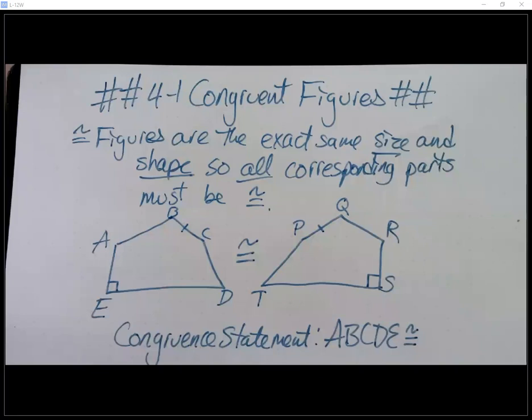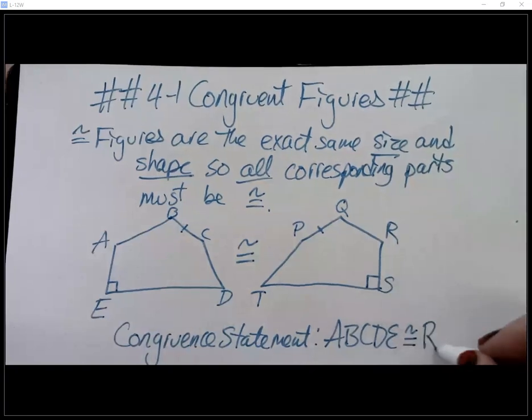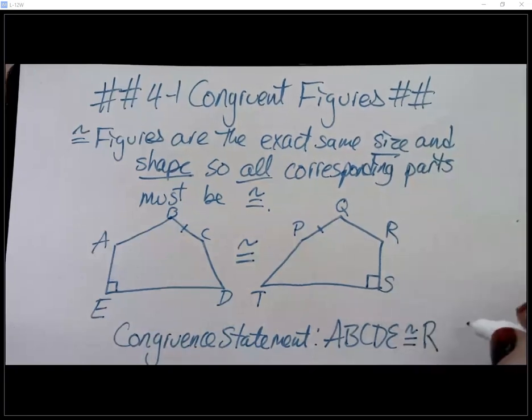So R has to come first now. You can name that first one any way you want, but when you go to name the second one, you got to match up the pieces. So I'd have to go R, and then what? Matches with B. Q. And then I would just work my way around, right? So then next would be P, T, S. The order matters a lot.